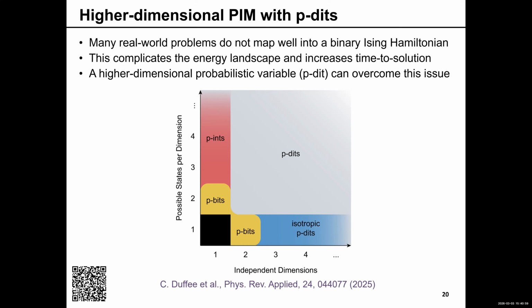So what we thought was, perhaps we don't have to confine ourselves to p-bits as the fundamental building blocks of probabilistic computing. Somewhat loosely inspired by the idea of qubits in quantum computing, we defined what we call a p-dit, a d-dimensional or higher-dimensional probabilistic variable.